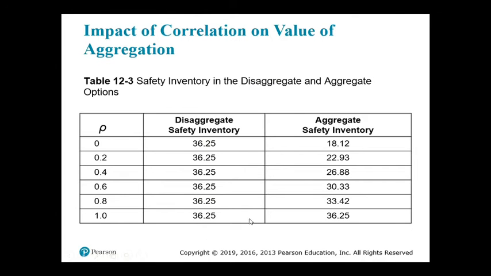And this table tells you basically the impact of demand correlation on aggregate benefit. So as rho approaches 1, the aggregate benefit reduces to 0.